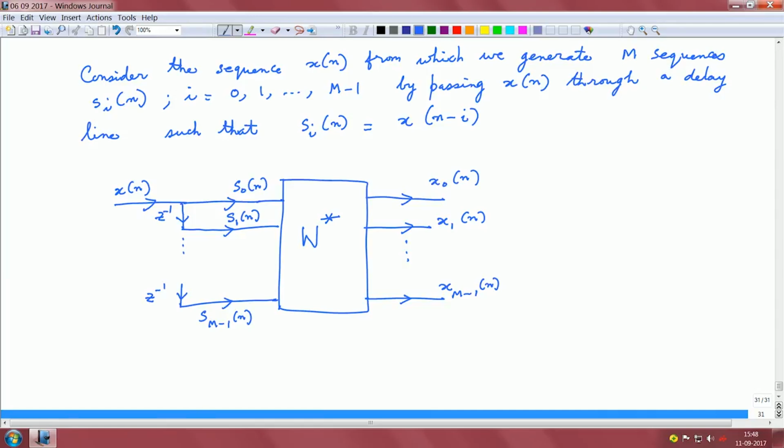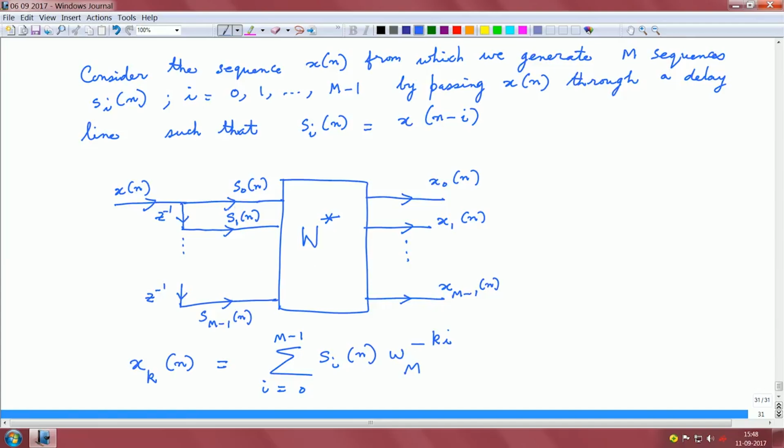Now it is pretty straightforward for us to link xk with these Sis. Xk of n is basically sum i equals 0 to m minus 1 Si of n Wm power minus ki, and note this factor minus because it is the conjugate, W conjugate, therefore this is what you have.